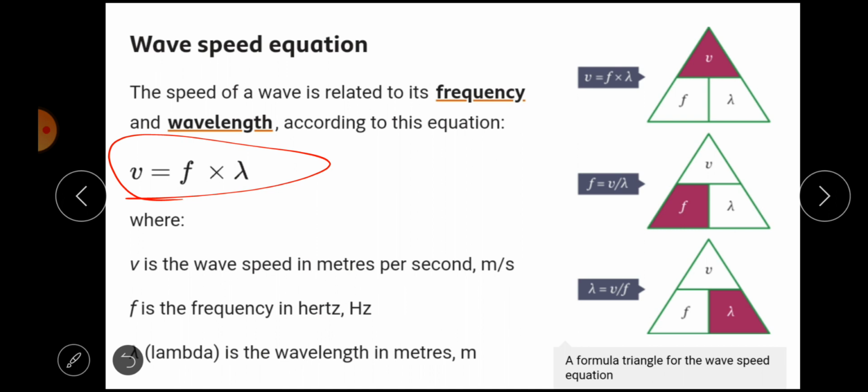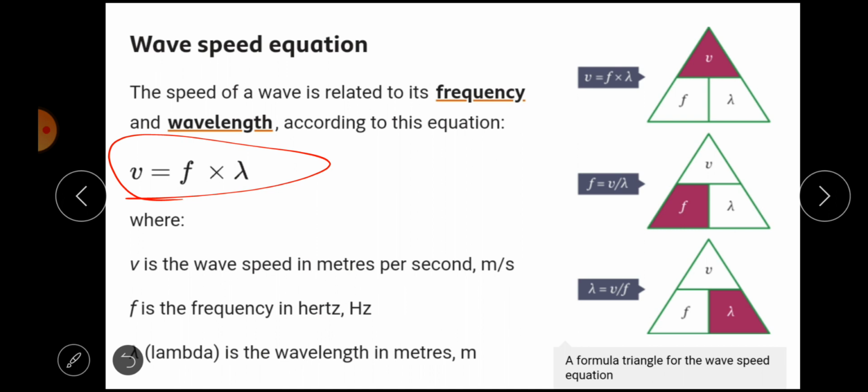V is the speed, f is the frequency, and lambda is the wavelength measured in meters. Frequency is measured in hertz, and speed is measured in meters per second.